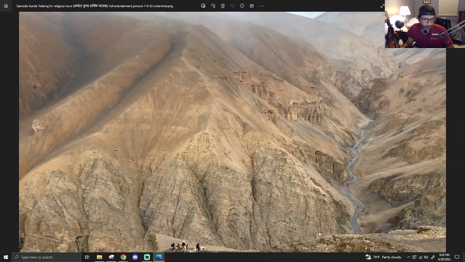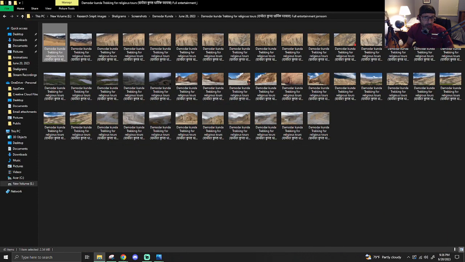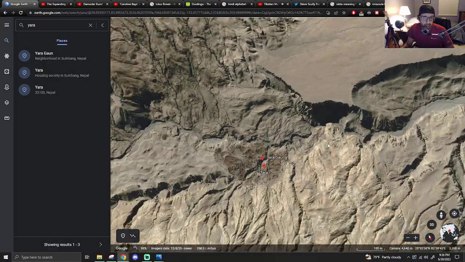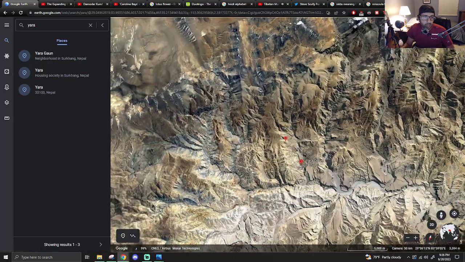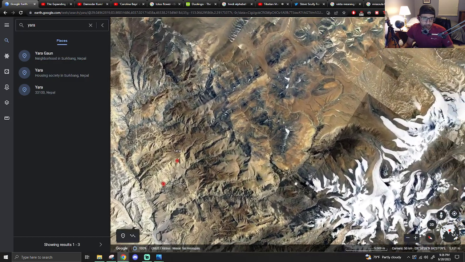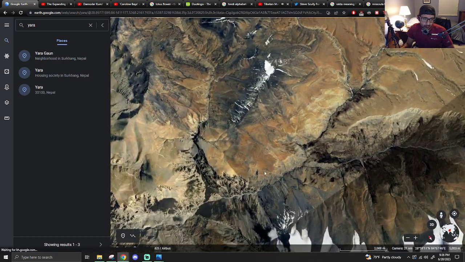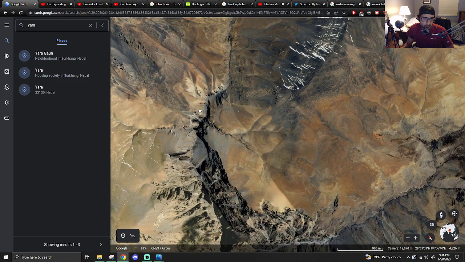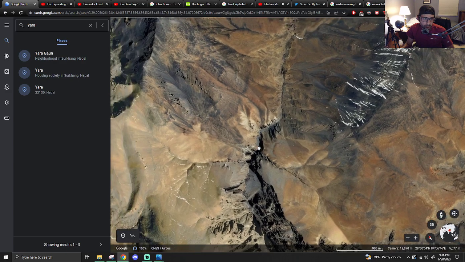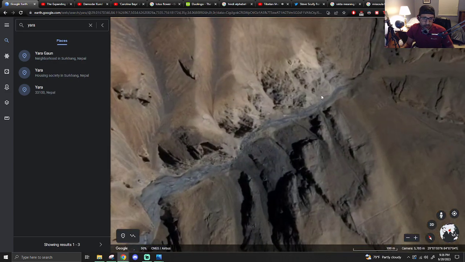I'm pretty sure it's going this way and then this way, because that wall is down here.